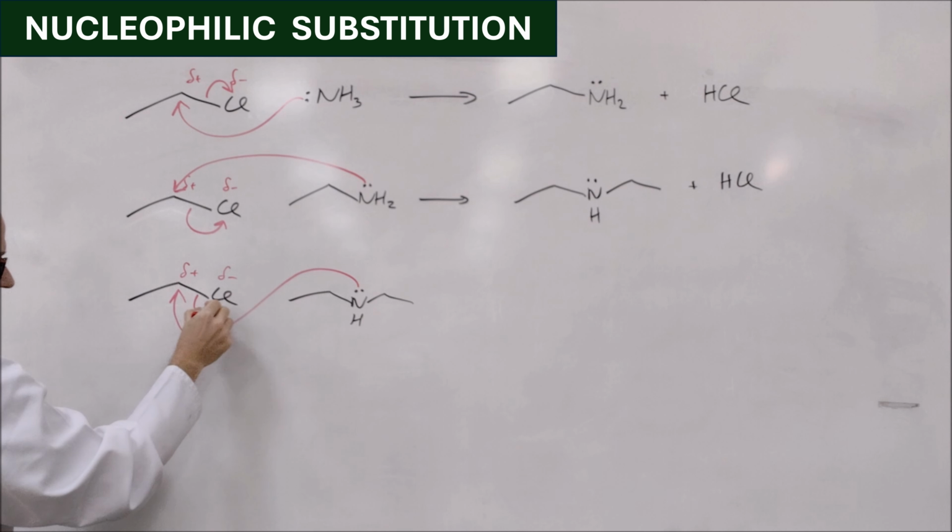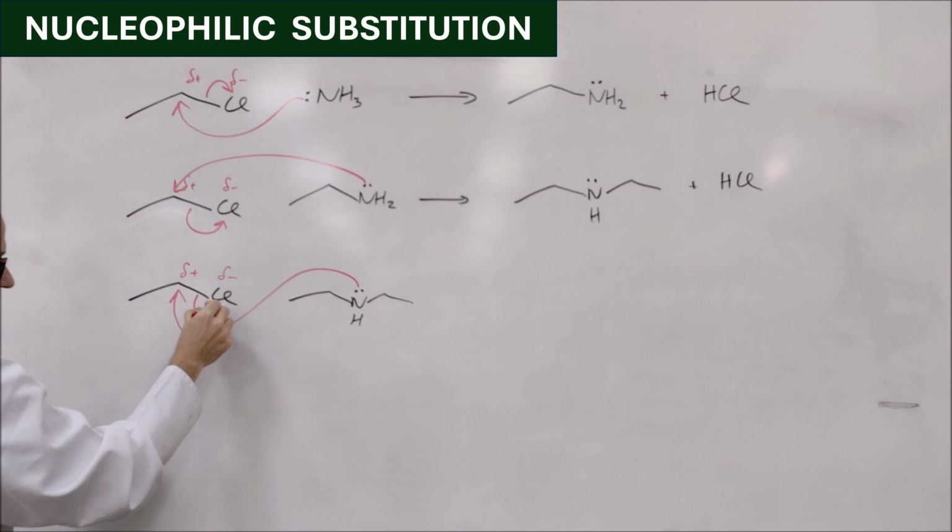So the triethylamine could react with excess chloroethane. Let's draw this. We'll do it a step at a time because it gets a little bit complicated. There we go. Dipole. Lone pair attacks that carbon there. Electrons move on to the chlorine. In this case, we don't have a byproduct.